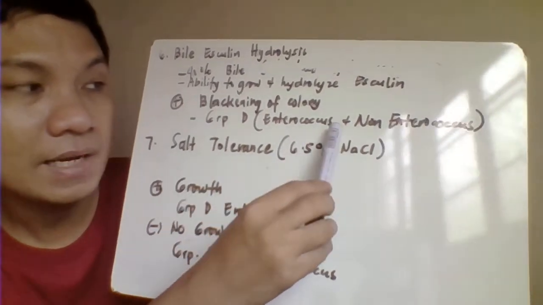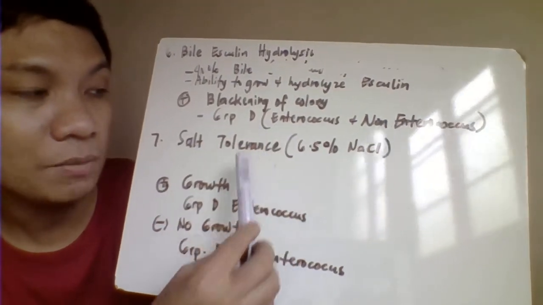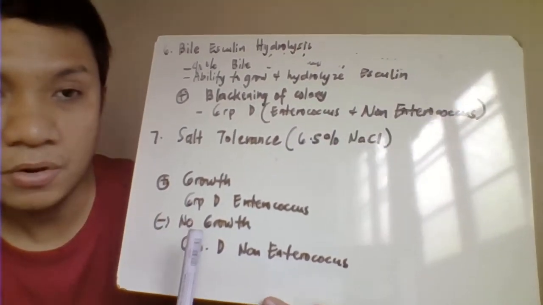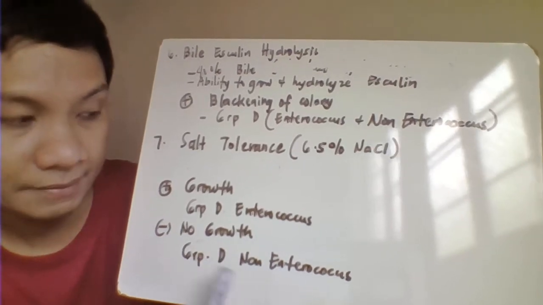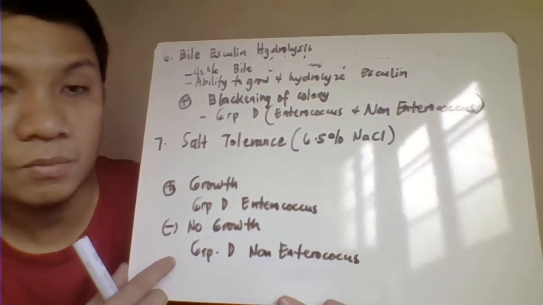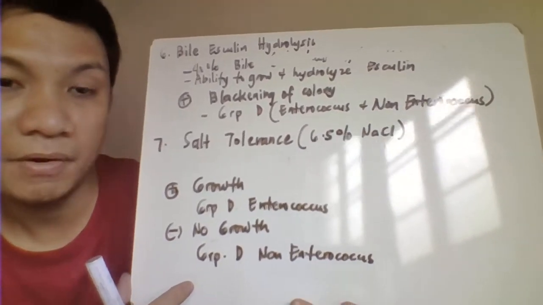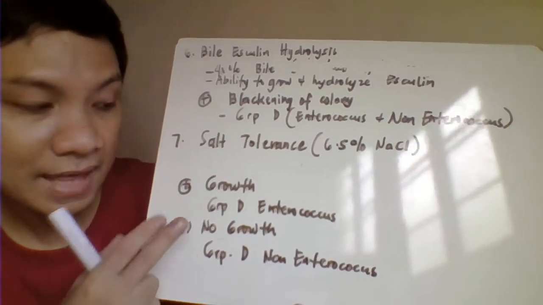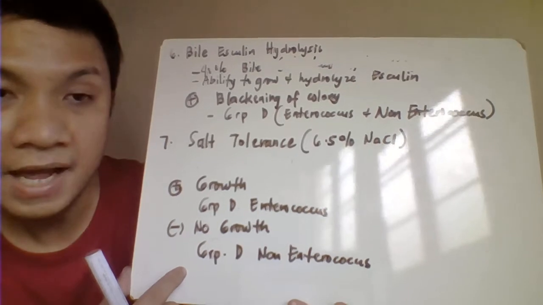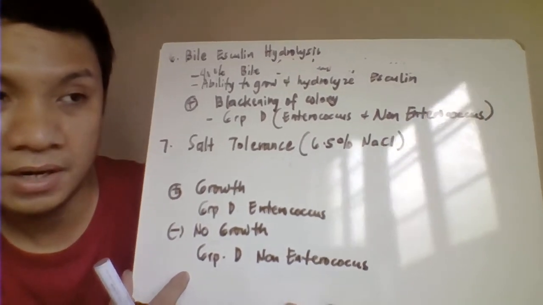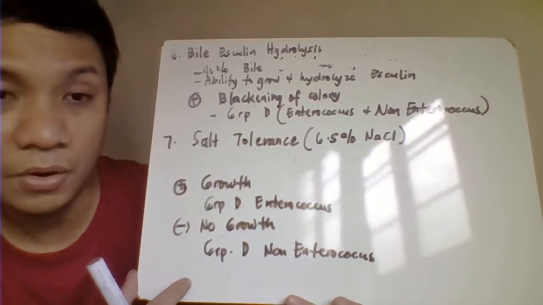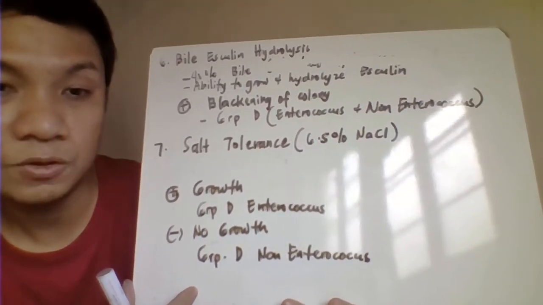So to differentiate the two, since both of them are positive for this test, you proceed with the salt tolerance test, which checks the ability to grow in 6.5% sodium chloride. If it grows in 6.5% sodium chloride, it is able to tolerate it, and that identifies your group D enterococcus. On the other hand, your group D non-enterococcus, which is Strep bovis, will not grow in 6.5% sodium chloride.